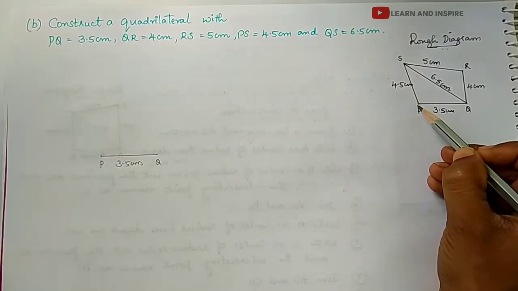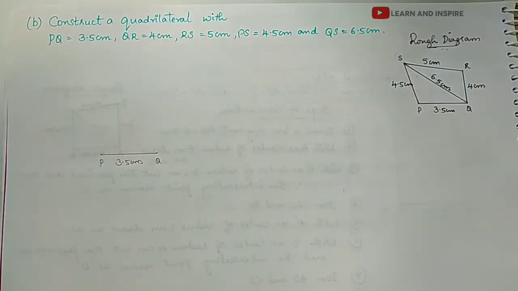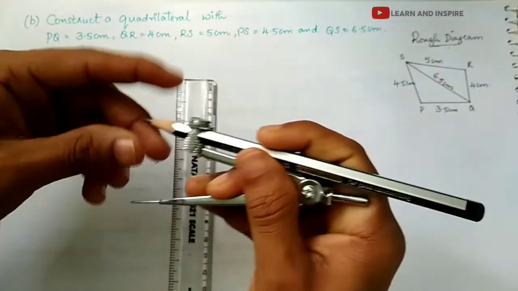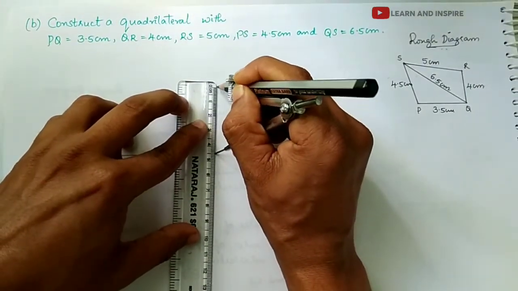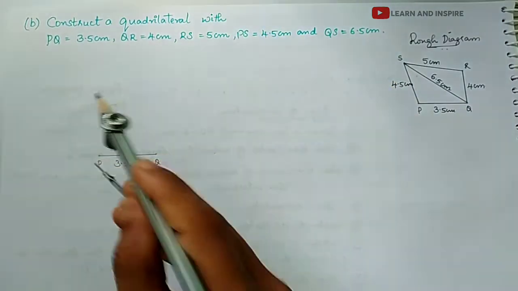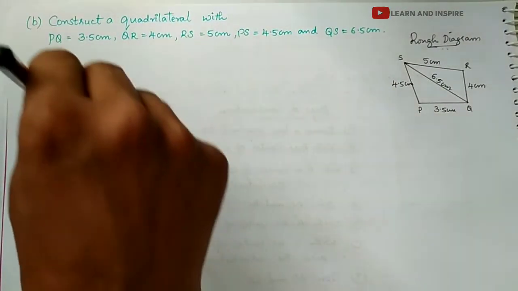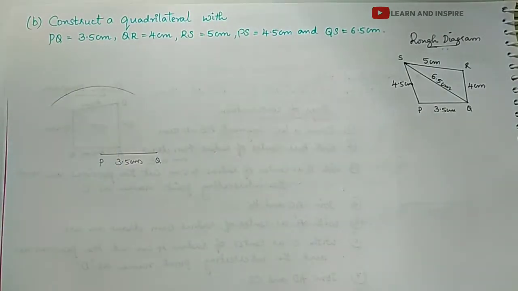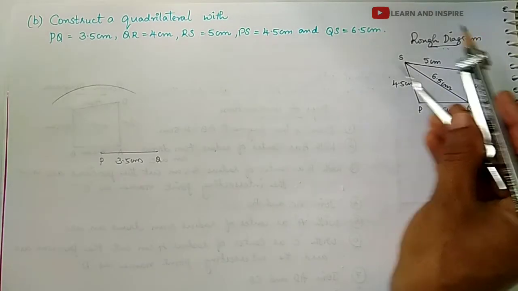So we start from P. With P as center of radius 4.5 centimeters, draw an arc. Okay. Next step 3, with Q as center of radius 6.5 centimeters, cut the previous arc.